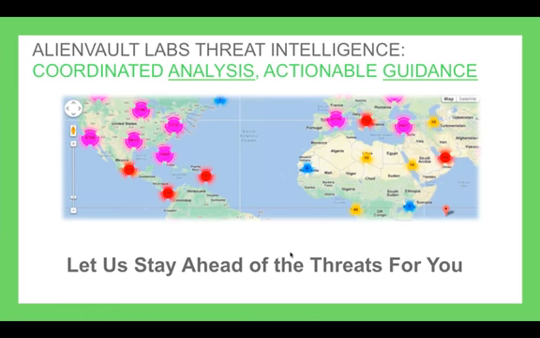Now, as I mentioned, we've got this thing called ALIENVAULT Labs Threat Intelligence, right? Think of this as a crowdsourced way of being able to identify threats, and then what we do is we take the information that we learn about those threats and we collate it all together and we deliver that into our unified security management solution in order to provide you with guidance on what's happening out there, right?